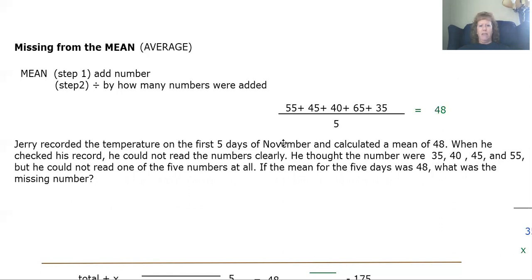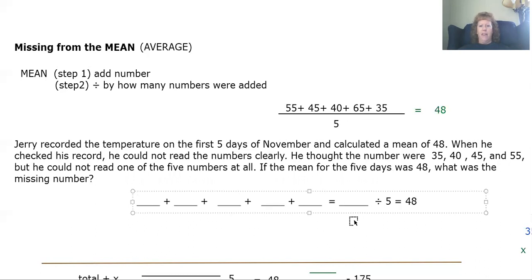So just like in the first problem that we saw, what we would want to do is add the numbers. So if we added the numbers and then divided by 5, because there's going to be 5 numbers, it says right here it's 5 days, so we're going to have 5 numbers, and then divide by 5.